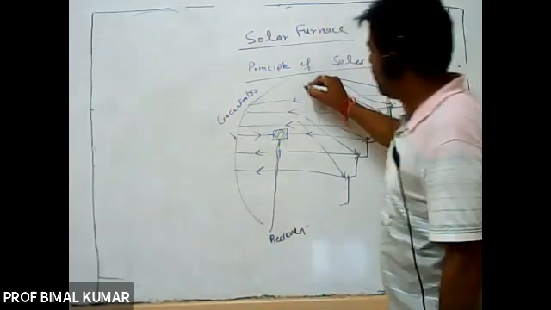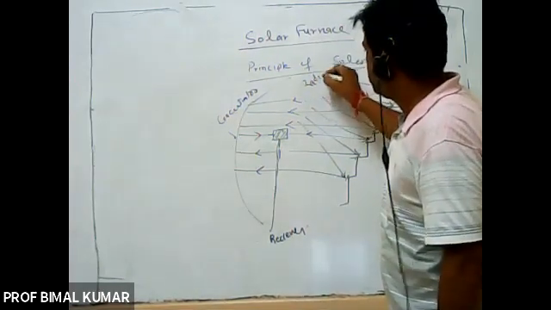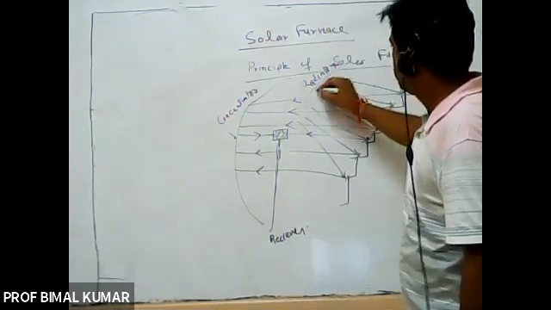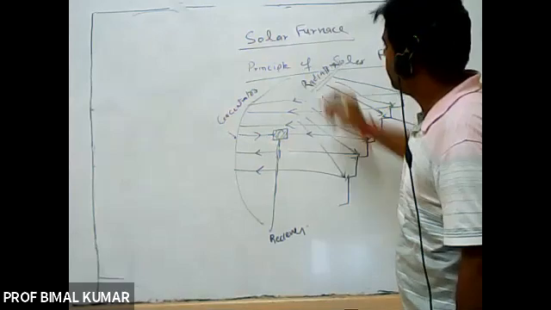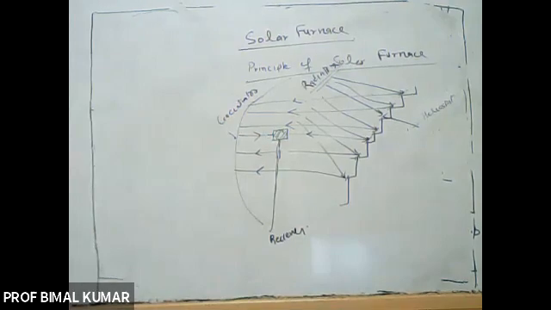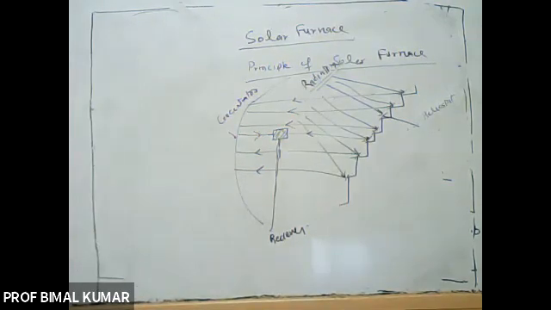From this side radiations will come, from this side radiation will come. When these radiations fall on the heliostat, after reflection they will move towards the concentrator, right?